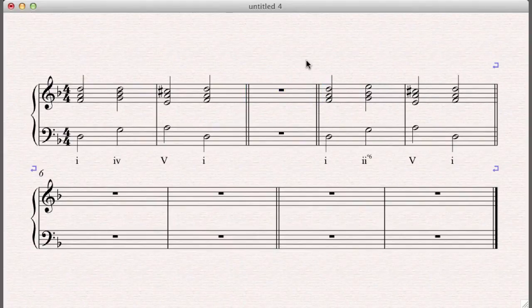I want to erase this because I want to play these two in succession so that you can compare them.